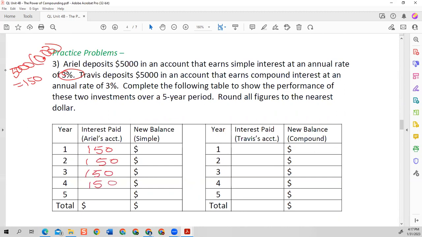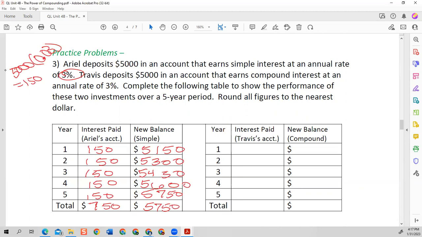It's just simple interest. Knowing that, add the 150 to the 5,000 gives me 5,150. Add 150 to this here, and it gives me this. Add the 150 to this here, gives me this. Just keep adding the 150. And this is our simple interest, right? Oops. Add them all up.